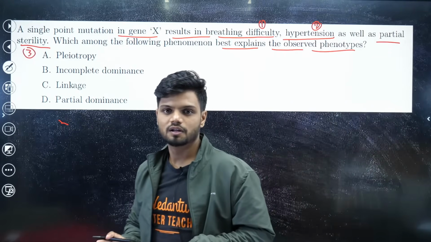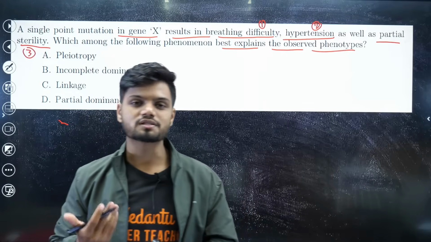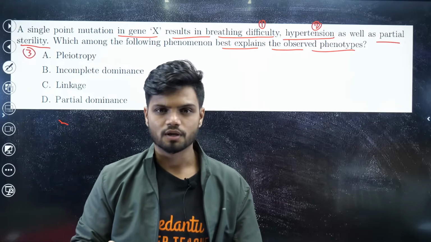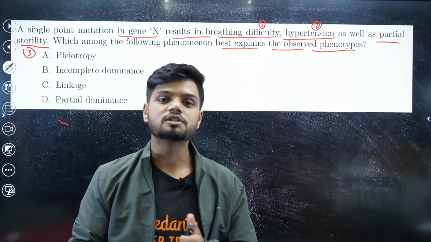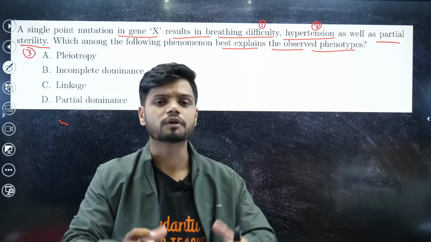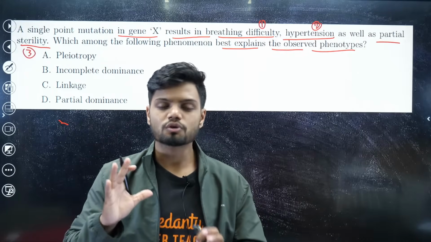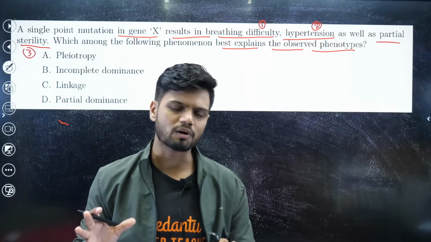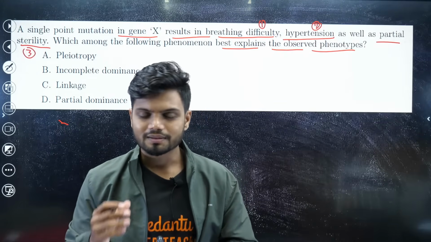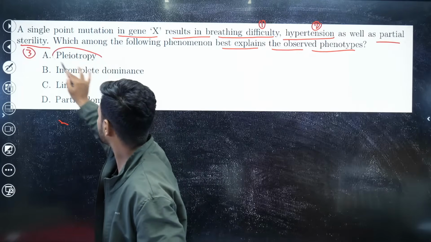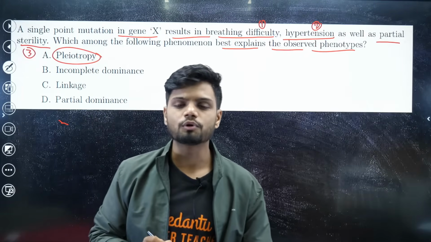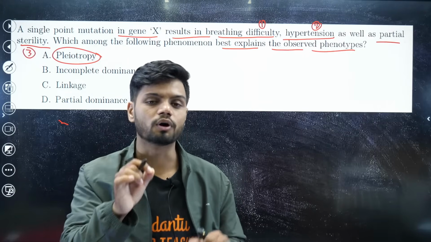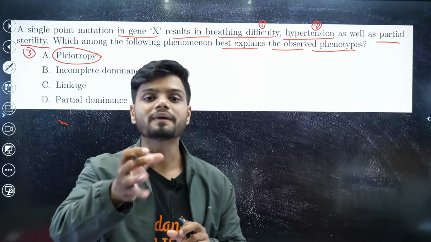Very easy. This I always tell my students, it is like your mother. In your house, your mother will cook for you. She'll help you in any type of requirements. She'll also clean the house. So mom will do every single work in the house, right? Mom is always active. That is like your pleiotropy. What happens in pleiotropy, students? In pleiotropy, a single gene is responsible for multiple phenotypic expressions.